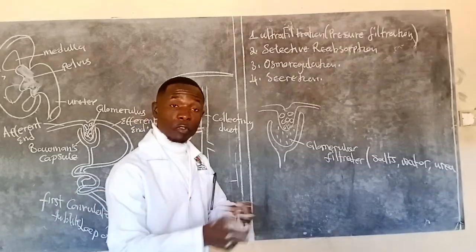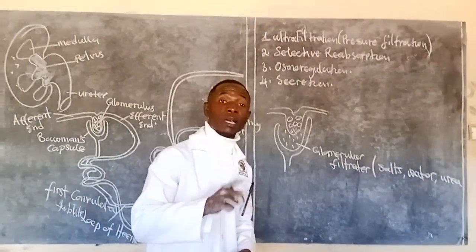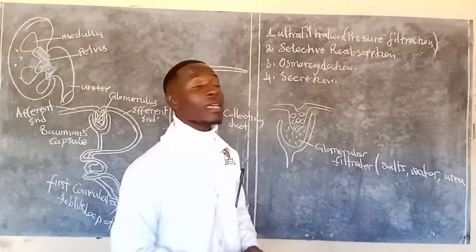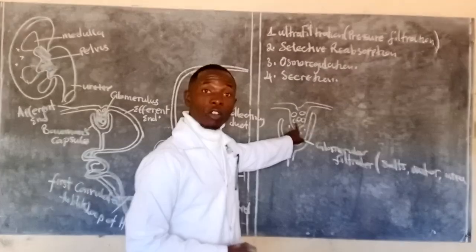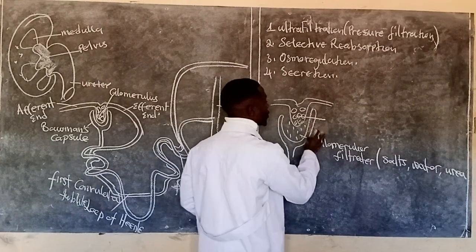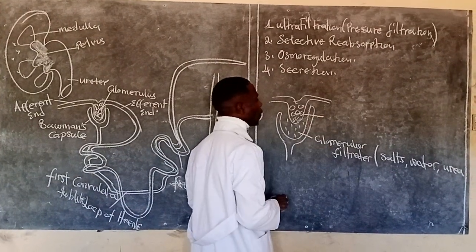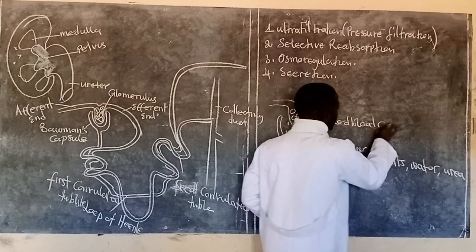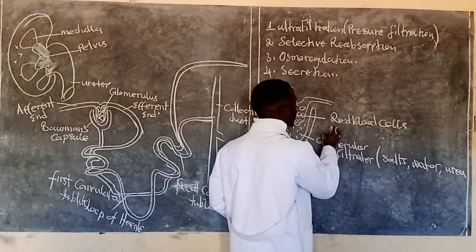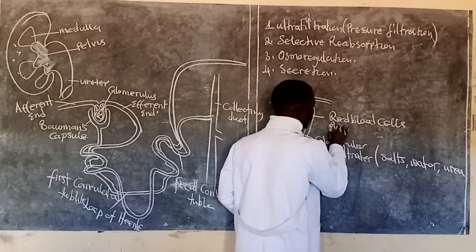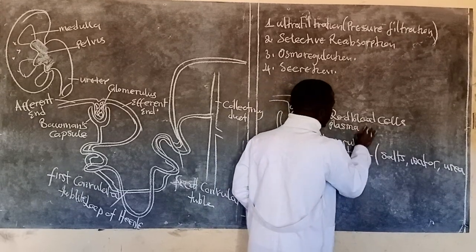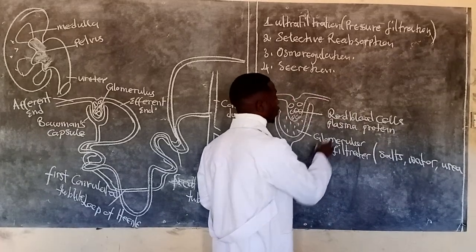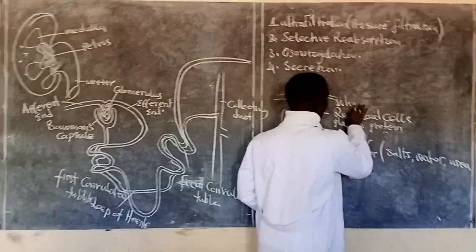Now, during this filtration, there are larger molecules or substances that are not filtered out. What are these substances which are trapped in the glomerulus? Number one, we have red blood cells. Apart from red blood cells, we have plasma protein. Apart from plasma protein, we have white blood cells.